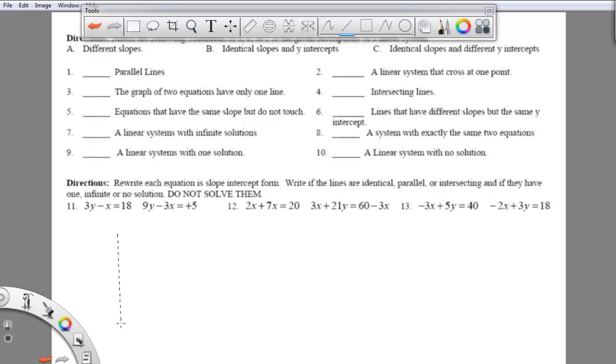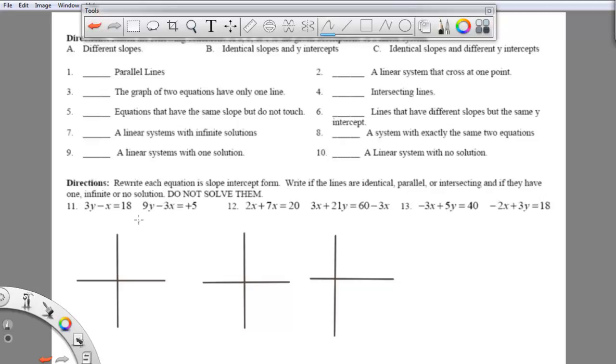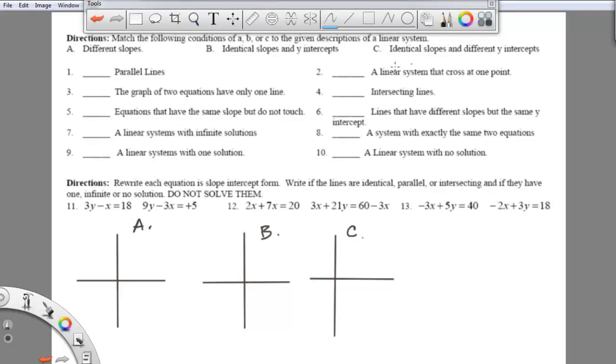What I would do is draw yourself three coordinate planes. Just show the x and y axes. Let's get three of them going here. We're going to label the first diagram A, this one B, and this one C, to go with these different conditions A, B, and C here.